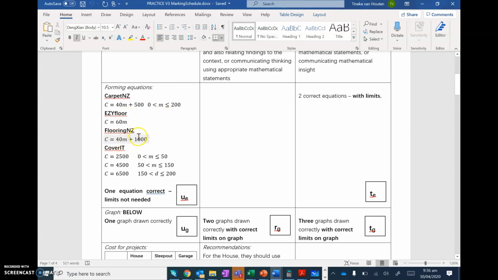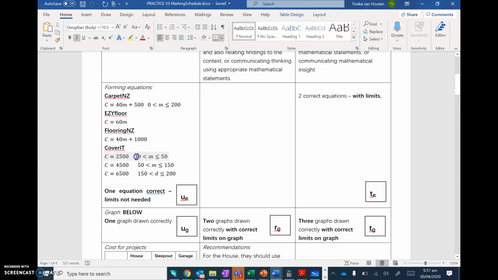This one you had to read from the graph, so you had to find the gradient, which was 40, and the y-intercept was 1000. There is no limits on that one because it was for the whole graph. And this one, it told you that it was 2,500 up to and including 50 meters squared.